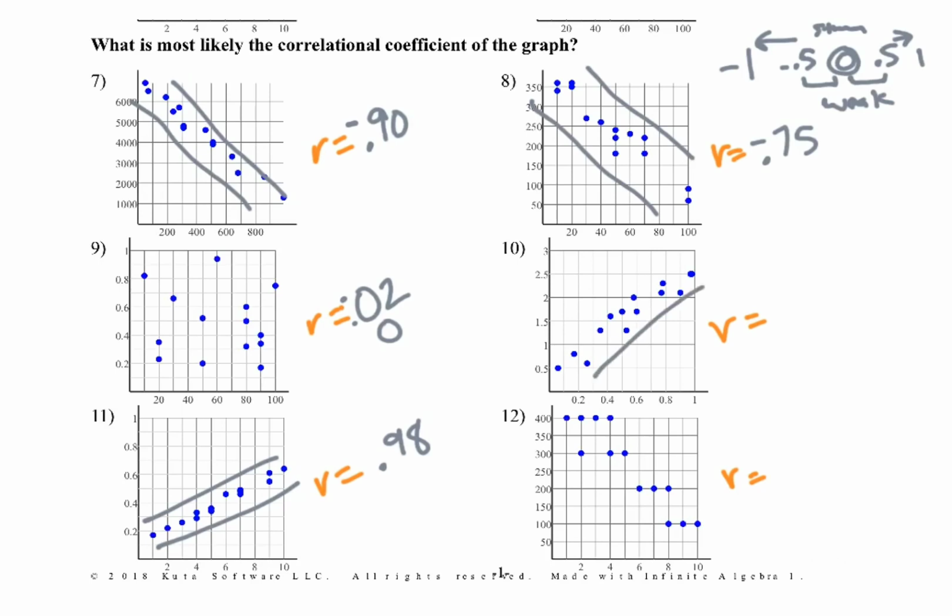This one is positive again, but still a little weaker, but not a ton weaker, so maybe like 0.78. And number 12 is probably the weakest of all, besides no correlation, so maybe I'd call that like -0.51, maybe even -0.45 or something like that. But that's kind of the idea: looking at those numbers and making a judgment call based off of that.